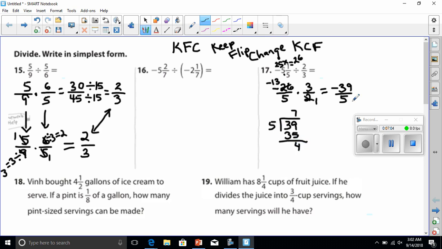This tells me that negative 39 over 5 equals negative 7 and 4 fifths. Everyone see where our numbers are coming from? 7 comes from here. Our answer was negative, so we put a negative sign. Our 4 is our remainder.